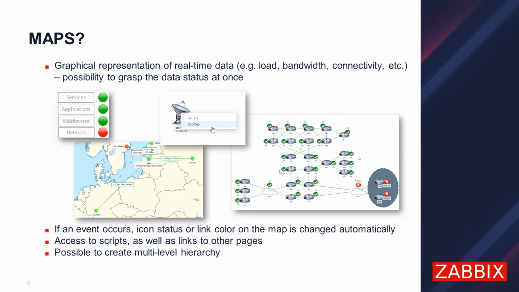So you can click on any router or on any switch and reboot it right away from the map. And of course, you have the possibility to create a multi-level hierarchy here. For example, you have a general view like a geographical map here. Then you can go to a submap and have a view of the particular data center there.